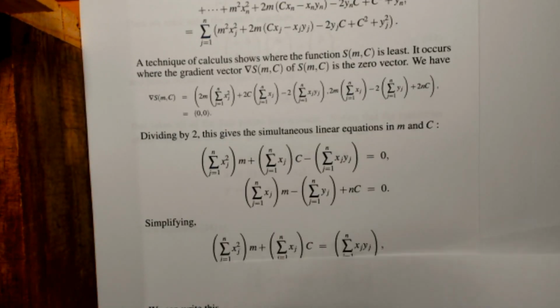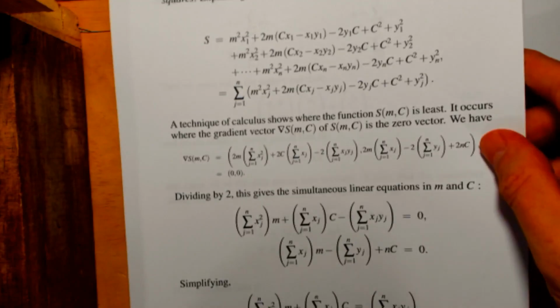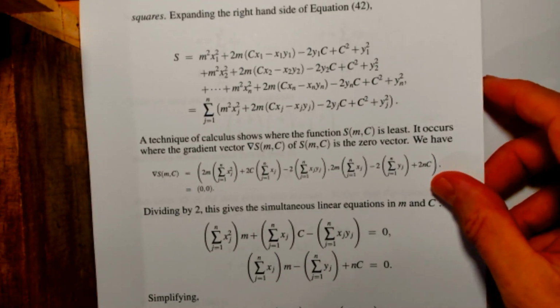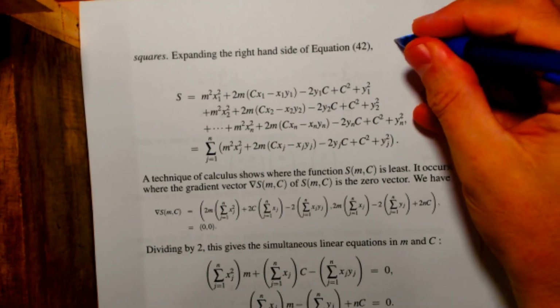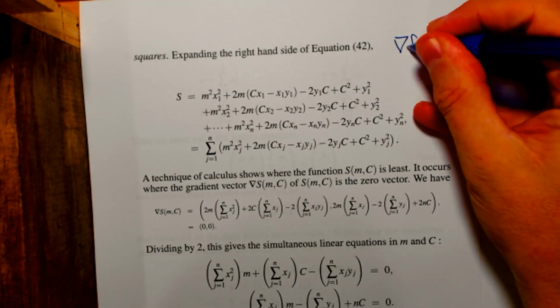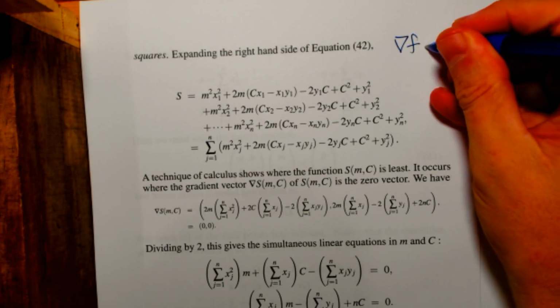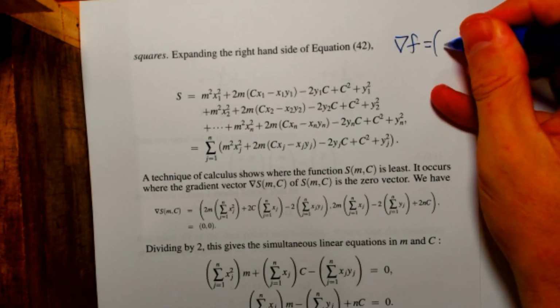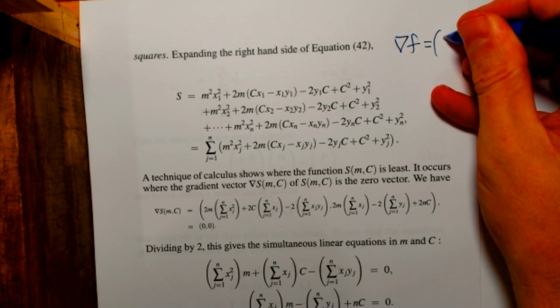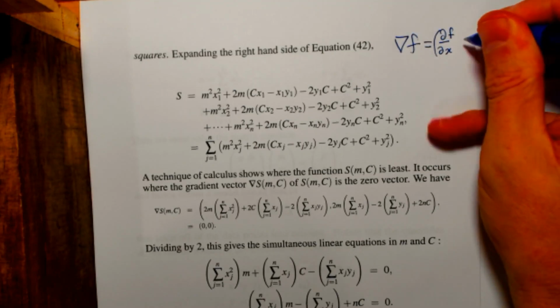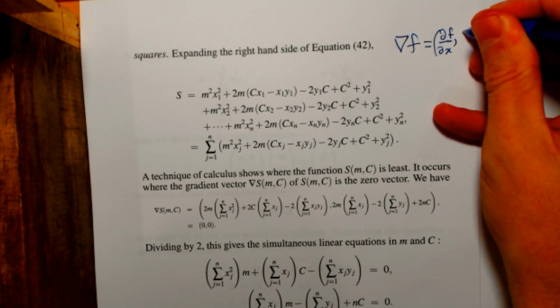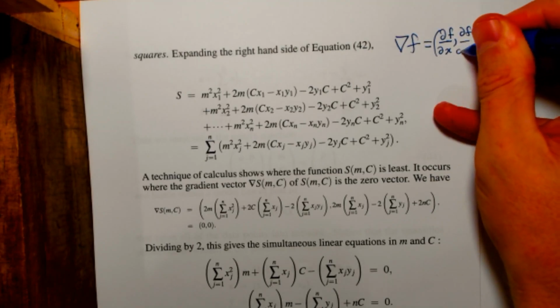Alright, so the part that involves calculus here is just this gradient vector. So let's just write grad f is equal to the partial derivative of f with respect to x, comma, partial derivative of f with respect to y.